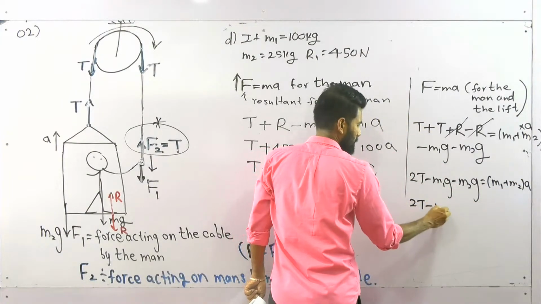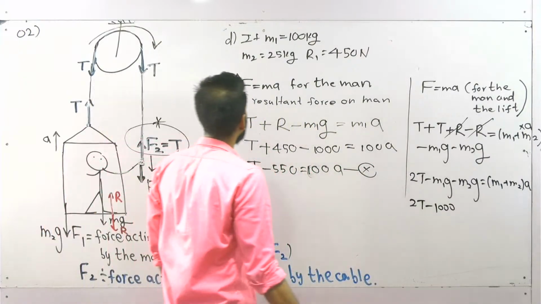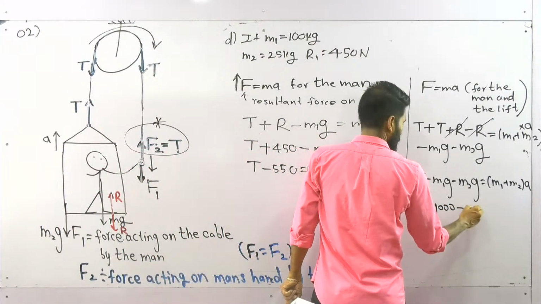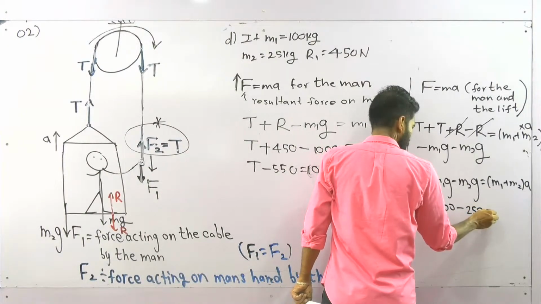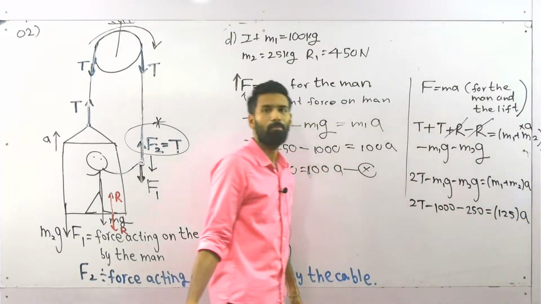2T minus 1000, weight of the man, and weight of the cage, 250, equal to 125A, the combined mass.